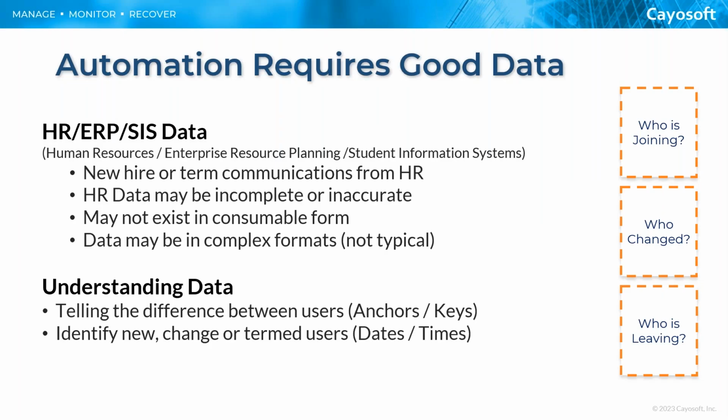Automation. If you're going to automate this, the best way you can automate is to grab your HR data, if it's accurate, feed that to a script or to a third-party tool, and have it do the automated portion of provisioning and deprovisioning and the updates, the reprovisioning process automatically.